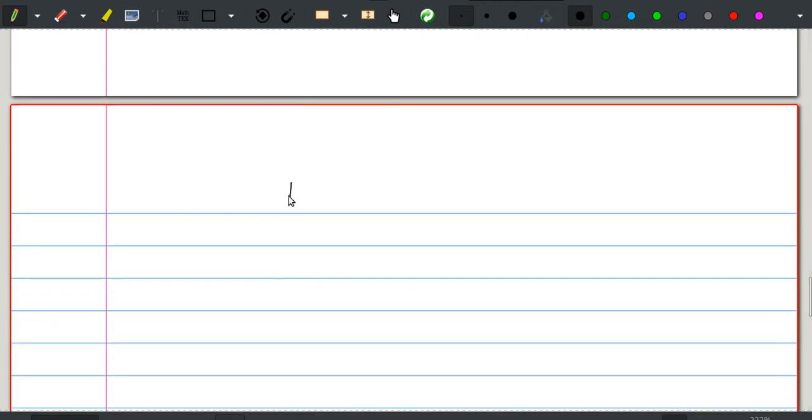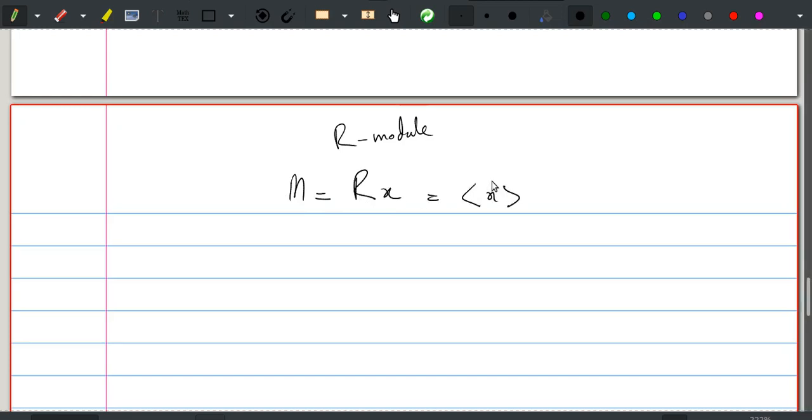So if M is our cyclic module, so that means M is given to be an R module, and it is given that this M is cyclic, so it is generated by this x, i.e. M is R times x, which is the same as the module generated by x.